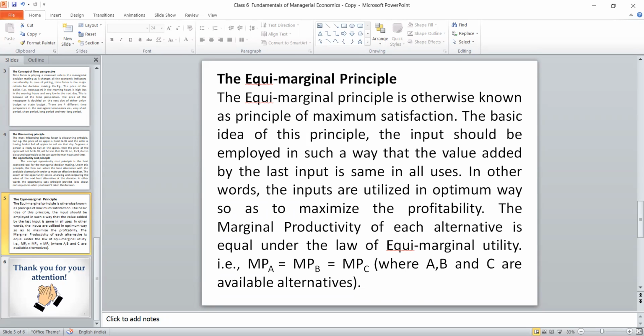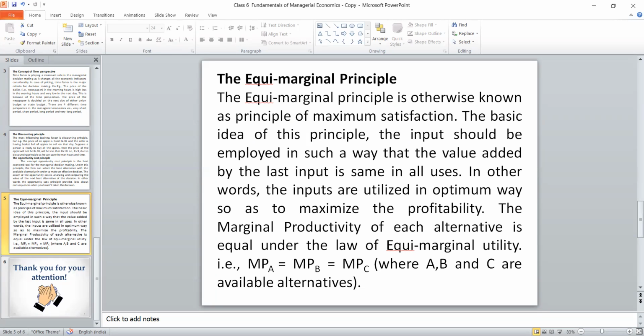How can it be explained? There are three products A, B, C. The marginal productivity of A must be equal to the marginal productivity of B, which is equal to the marginal productivity of C. Suppose you have some available resources and you employ them in producing A, you may get some profit. Suppose you employ them for product B, the resource value will not change.